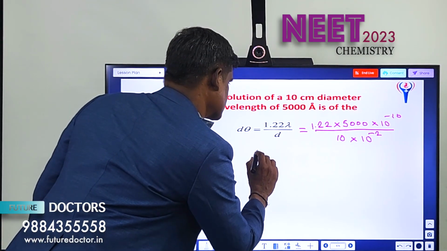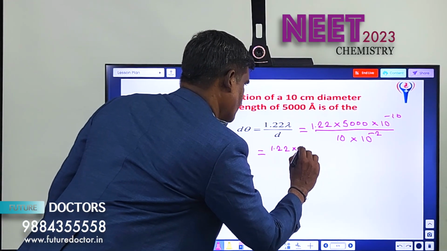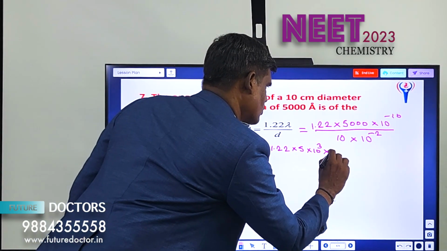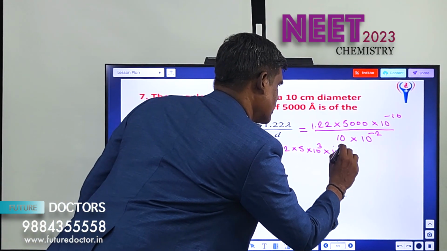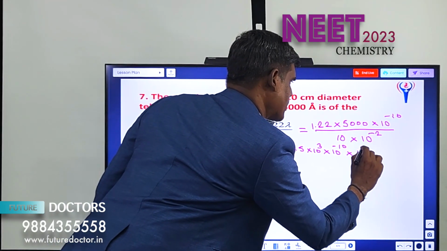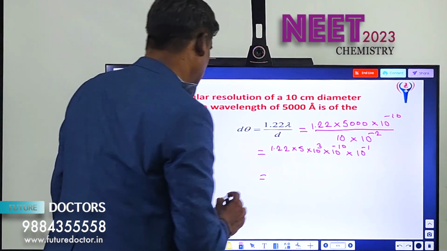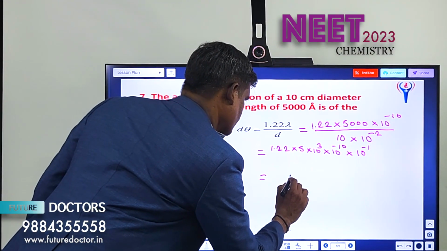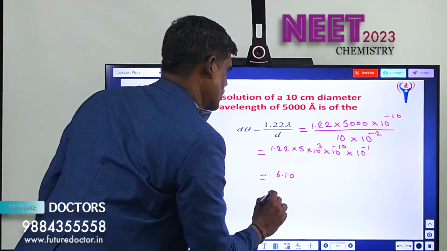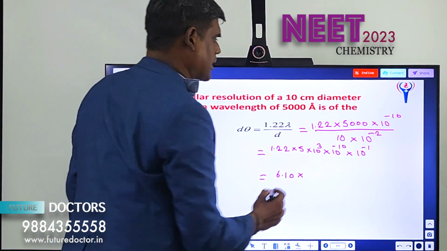I am writing like this just to simplify. 1.22 into 5 into 10 power 3 into 10 power minus 10, divided by 10 power minus 1, is equal to 1.22 into 5, that is 6.10, into 10 power 3 into 10 power minus 10 divided by 10 power minus 1.